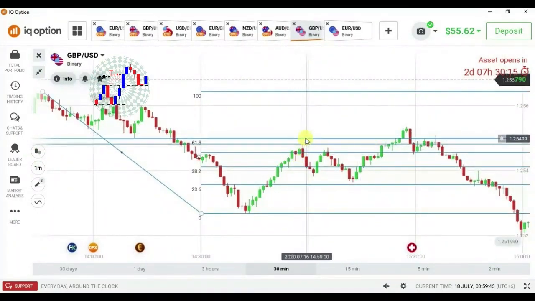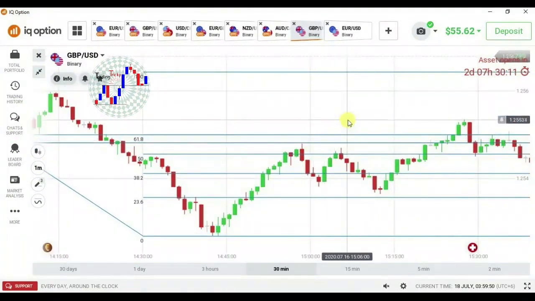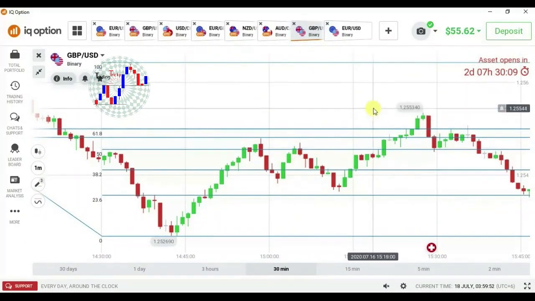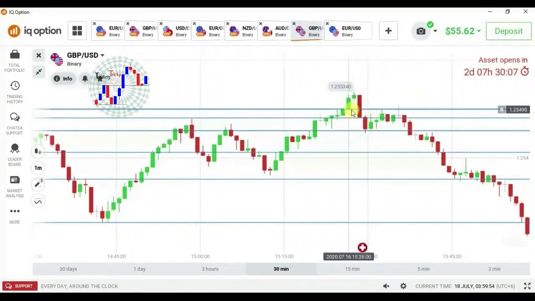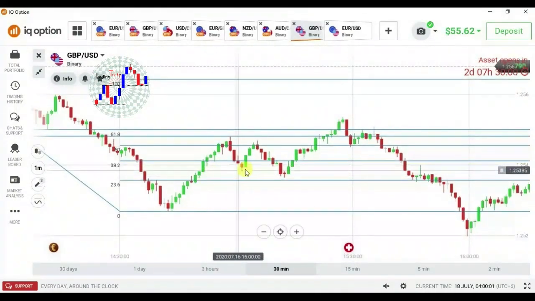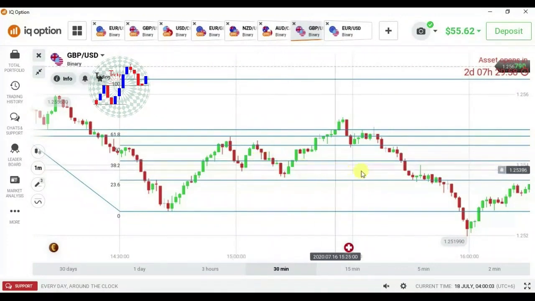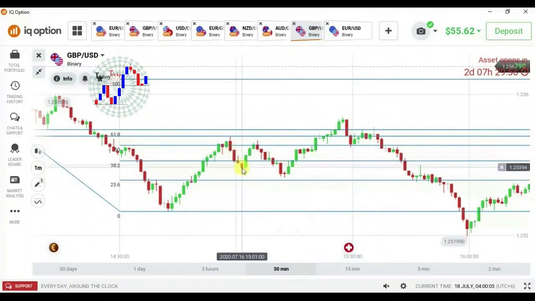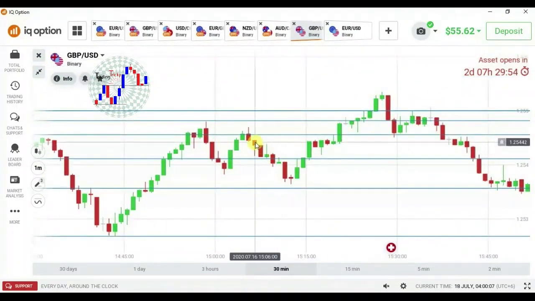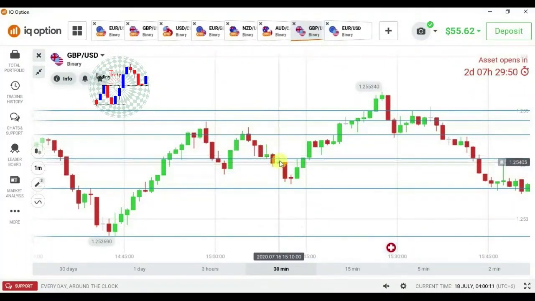So here it didn't touch, or maybe it touched, there is still a gap. Here you can see this time it didn't work well, but still there is price action. And on the 38 also it didn't work well, only sellers' entry here, but it got support, breakout again.